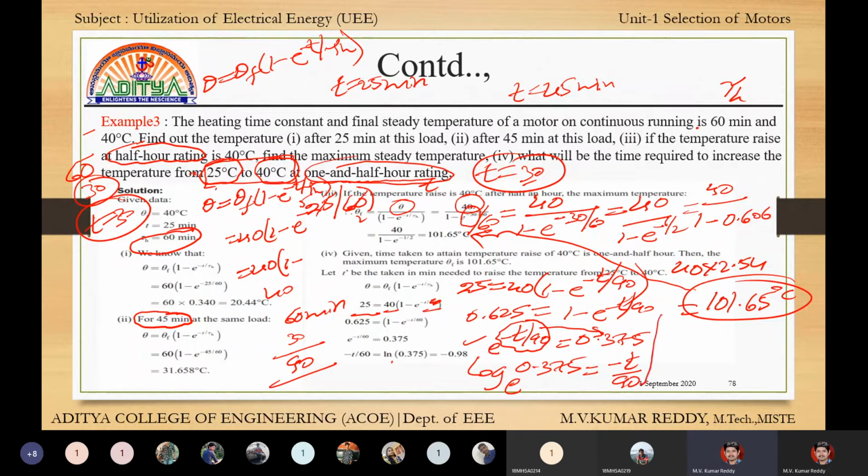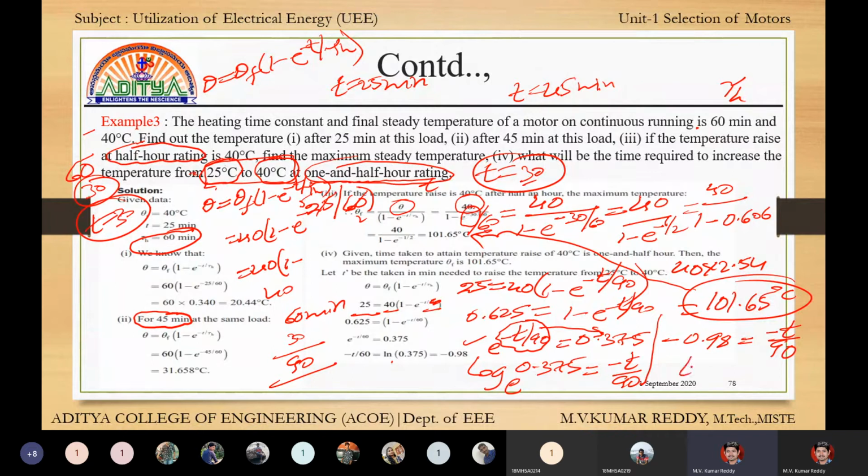Now, what is the value of log 0.375? Log 0.375 is minus 0.98, which is equal to minus t by 90.